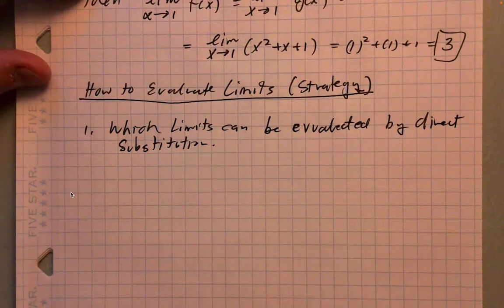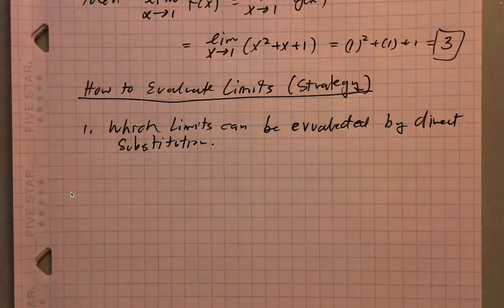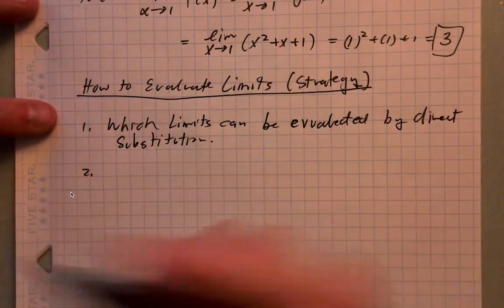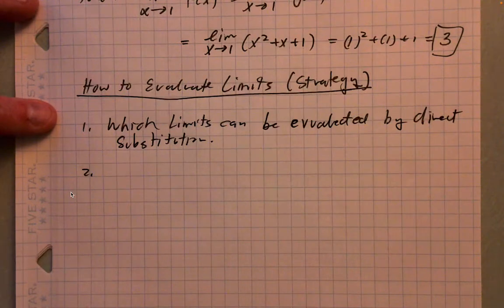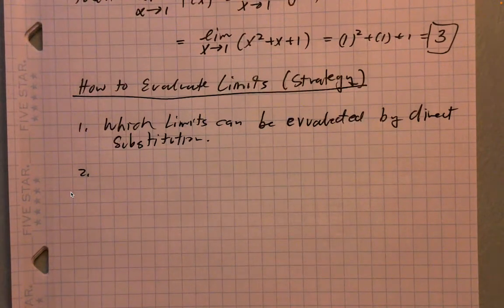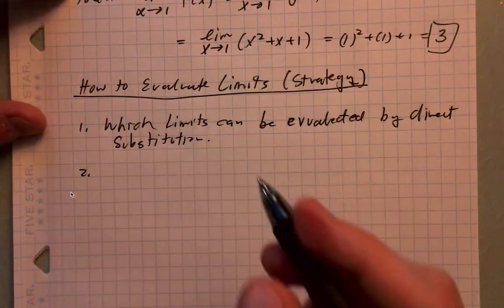So that would be things like your polynomials and your trig functions and your constant functions and things like that. Rational functions for many cases. If you cannot use direct substitution, try to identify a function g of x that's equal to f of x everywhere except the limit point, kind of like the previous example.